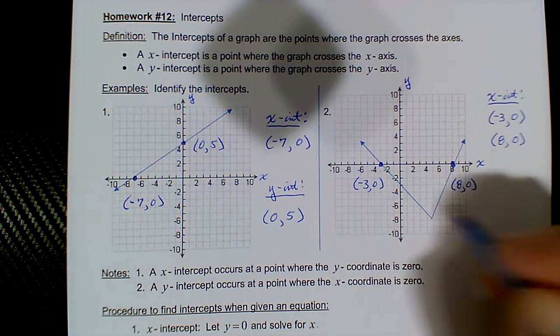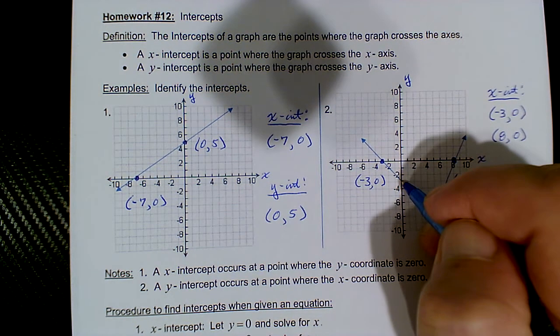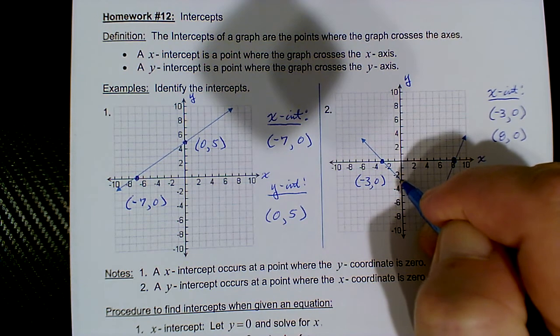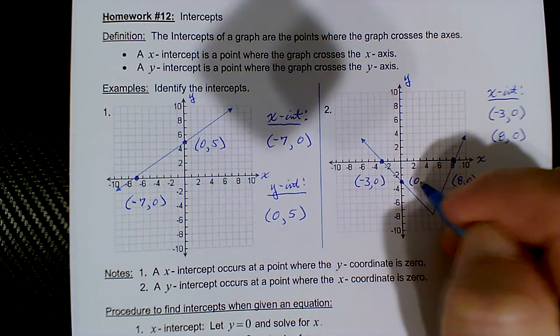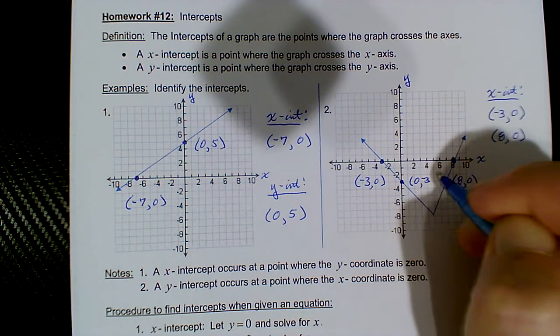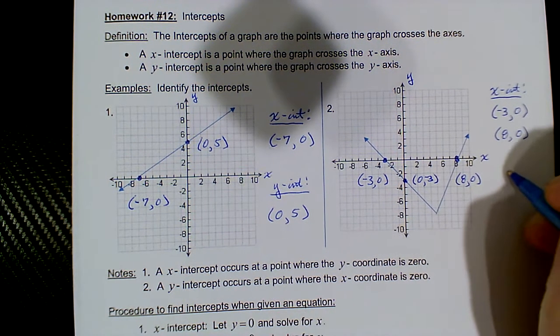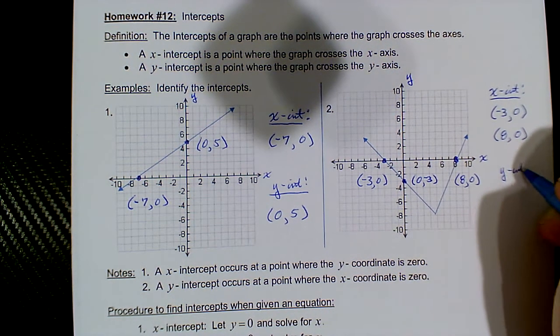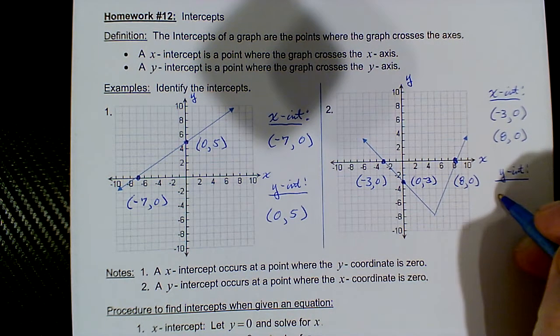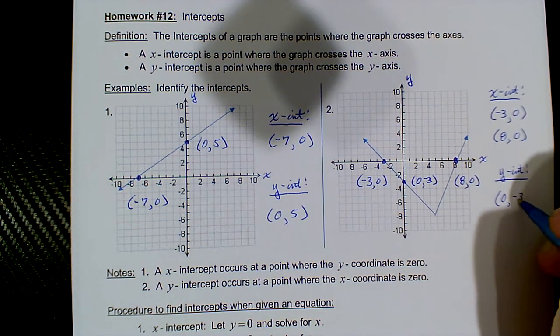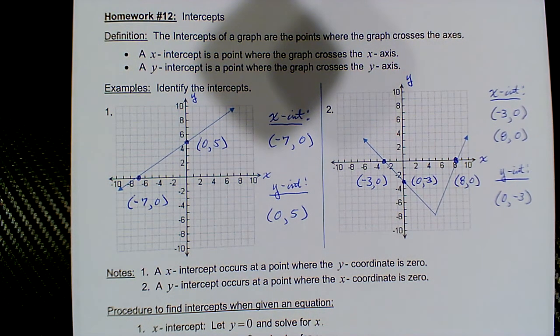And then for the y-intercept, it looks like it crosses right there. That would be 0 in the x and -3 in the y. So for the y-intercept, again, 0 in the x, -3 in the y.